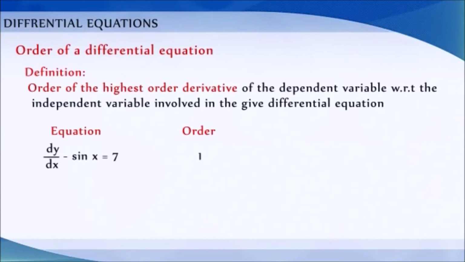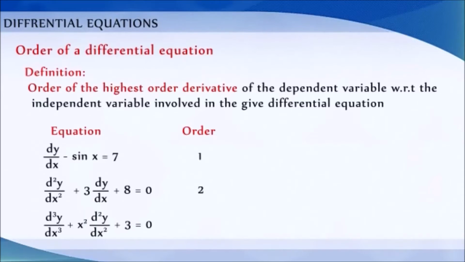The order of the differential equation d square y by dx square plus 3 into dy by dx plus 8 is equal to 0 is 2. And the order of the differential equation d cube y by dx cube plus x square into d square y by dx square plus 3 is equal to 0 is 3.